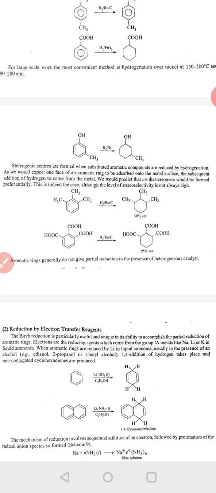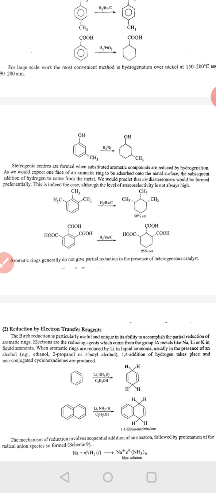Why does this happen? Because, as we would expect, one face of the aromatic ring is absorbed onto the metal surface. The addition of hydrogen is to come from the metal. So we would predict that cis diastereomers would be formed preferentially.